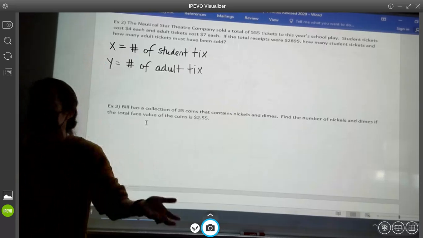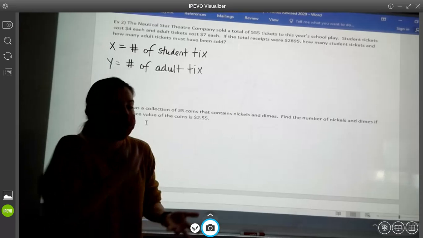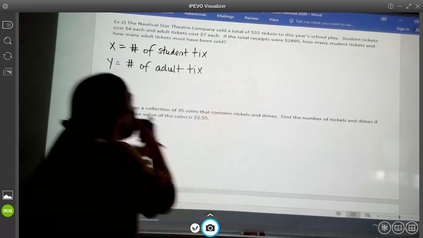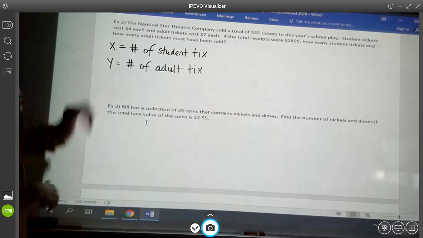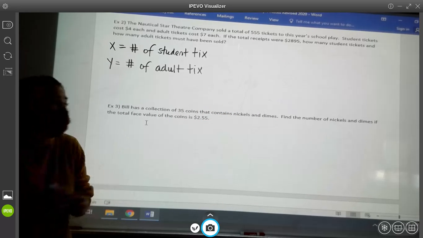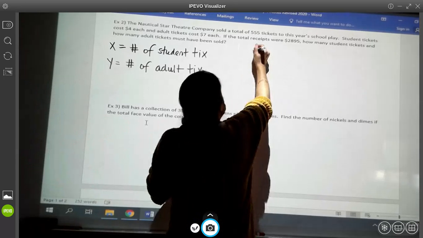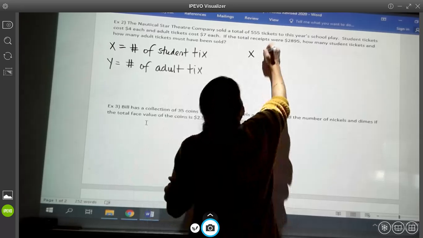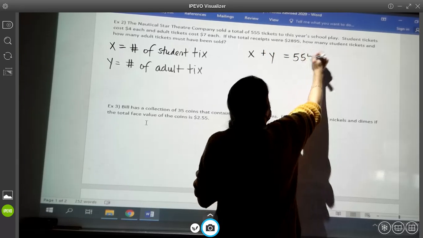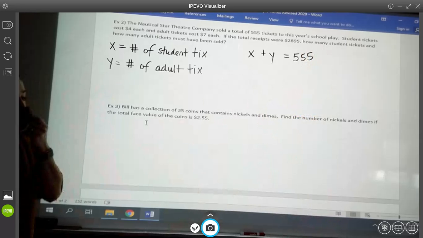How many tickets did they sell? They sold a total of 555 tickets. So this and that have to add up to 555. How do I write that as a mathematical equation? X, the number of student tickets, plus Y, the number of adult tickets, better equal the 555 tickets they sold. Okay, that's the easier equation.